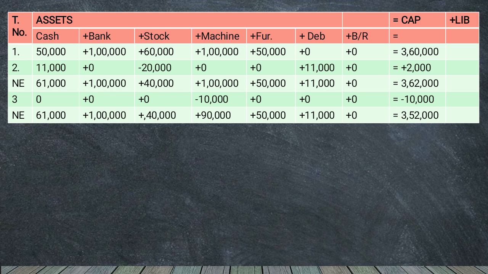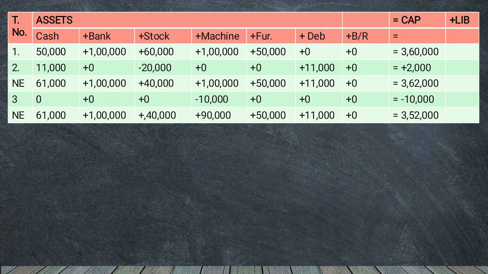So machinery will decrease by 10,000. At the same time, all expenses decrease our capital, so for this transaction we have to decrease our capital by 10,000. So after the third transaction, we have to check our new equation. The amount of cash is not going to change, so it will remain 61,000. Bank no change, so 1 lakh rupees. Stock no change, that's why 40,000 rupees.